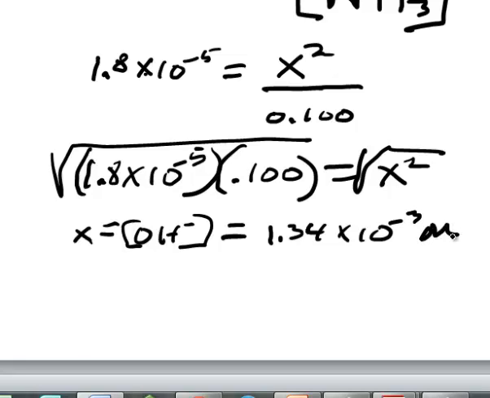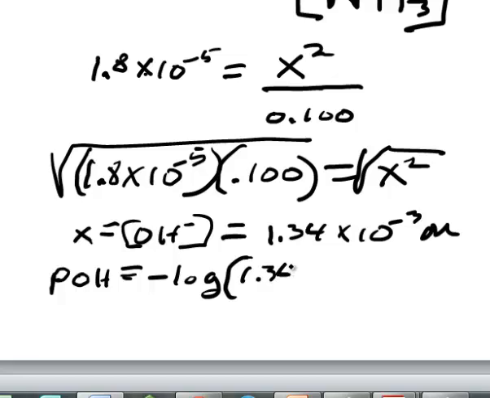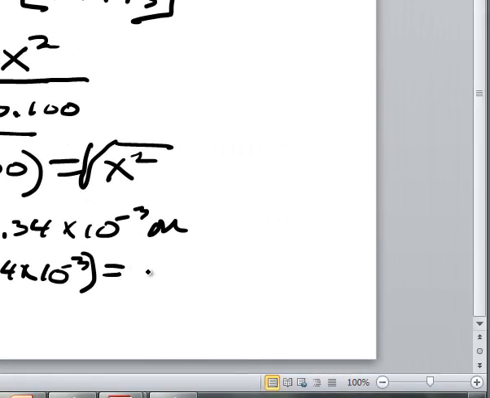That is our hydroxide ion concentration. From there, I can get the pOH by taking the negative log of the hydroxide ion concentration, 1.34 times 10 to the minus 3, which gives me 2.87.